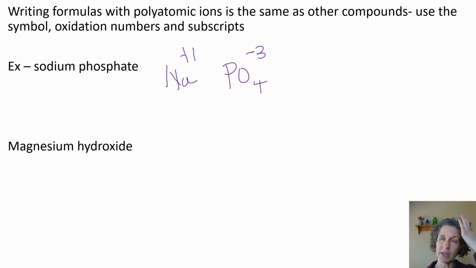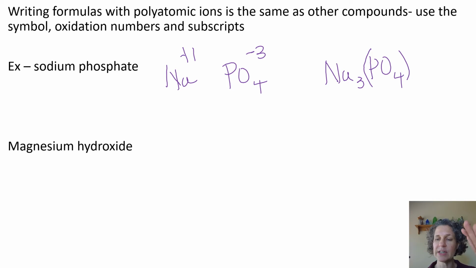Hopefully you can do the crossover if you think about the math. I need 3 Na's and 1 PO4. So typically you could just write it like this. You can also go ahead and put parentheses around the PO4 to designate it's a polyatomic. I recommend that so you always keep them separate in your head, but however you want to work it.